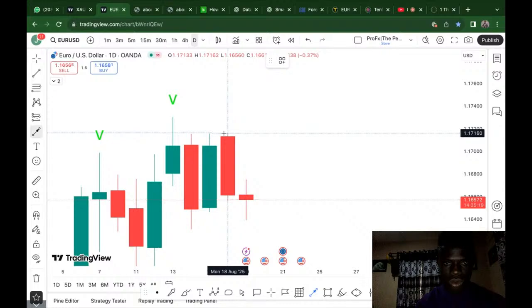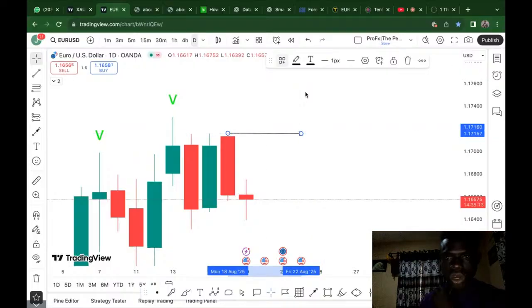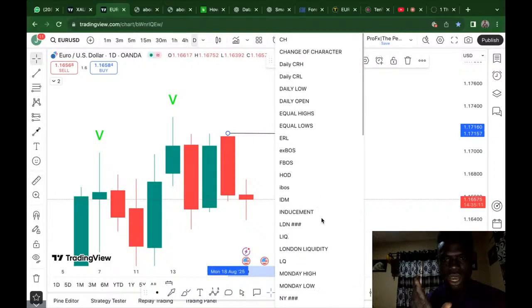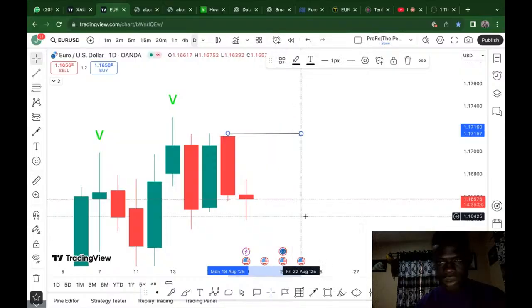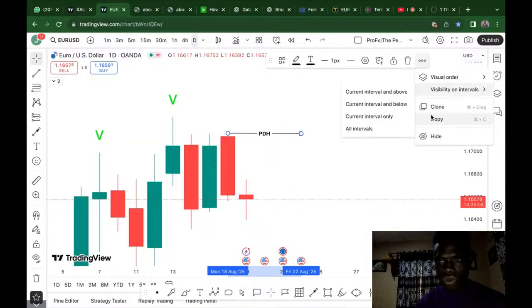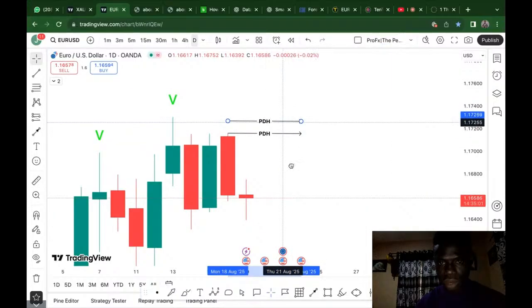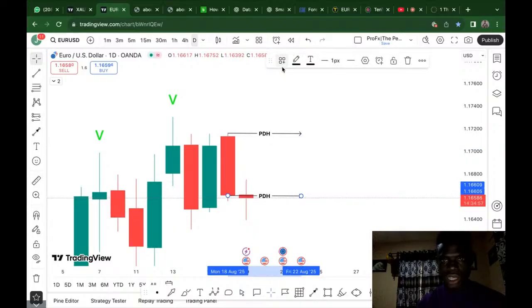Because this one is bearish, our close price is going to be below. For a bearish candle, the close price is below. For a bullish candle, the close price is above.